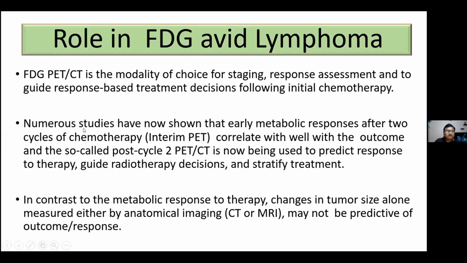A number of studies have now shown that early metabolic response after 2 cycles of chemotherapy, what we call the interim PET, correlates very well with the outcome, and the so-called post-2 cycles PET CT is now being used to predict response to therapy, guide radiotherapy decisions, as well as to stratify treatment. When I say stratified treatment, I think it's mostly in the trials and maybe not in general practice. Probably the oncologist can tell better than me here.